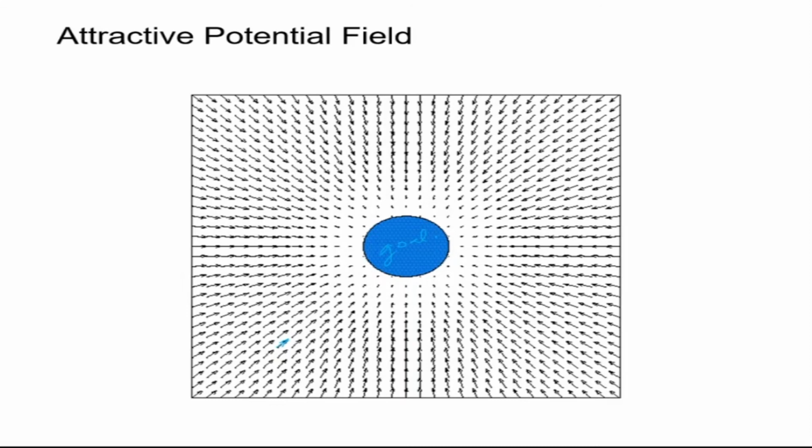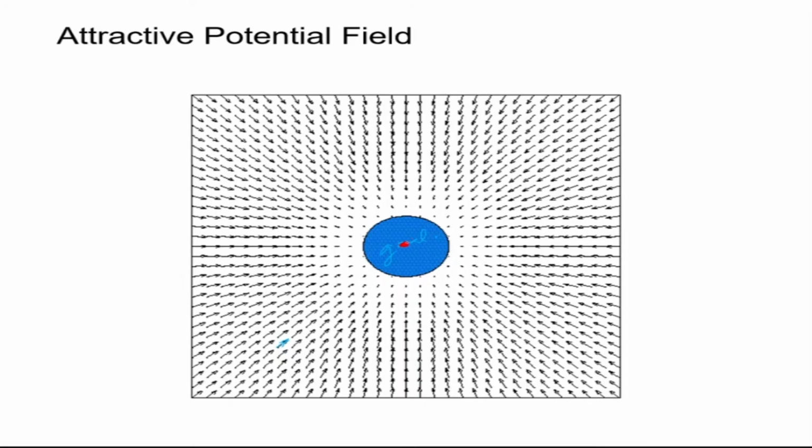Now this pictorially shows the attractive potential field. We can imagine this to be charge, direction of charge. Now if this is my goal, this is the center of the goal, let's say. So this is the goal and that's my center. Now what is the direction in which the lines of force would be moving?